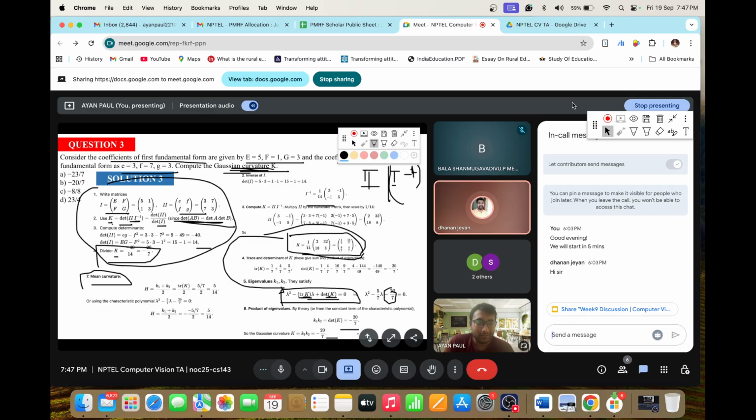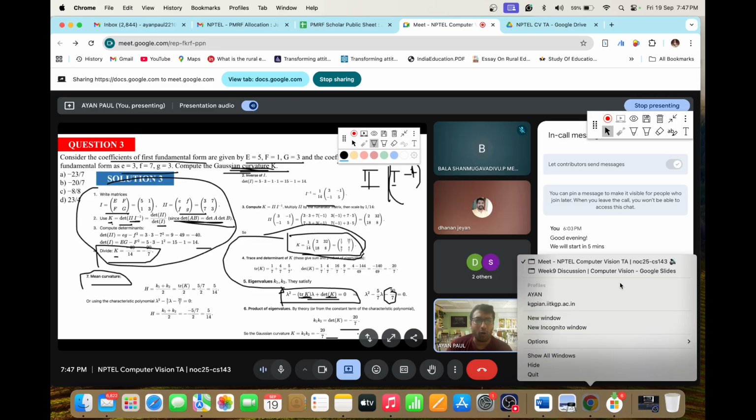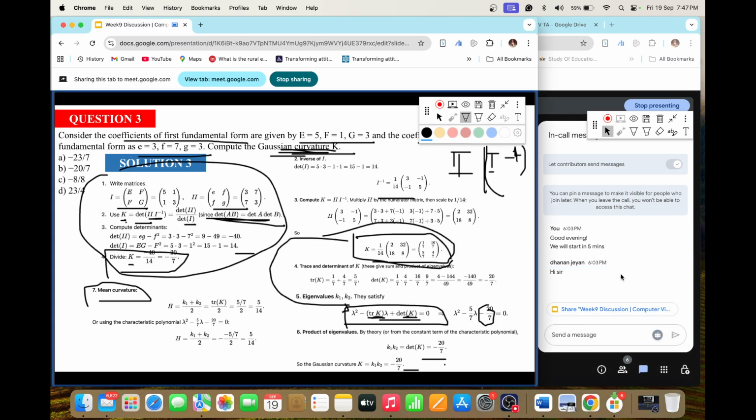Sir, is there any other formula available to calculate the mean curvature, like for Gaussian curvature? Yeah, for mean curvature there is also a formula. I will show you. But it is better not to memorize formulas. If you can, it's good.